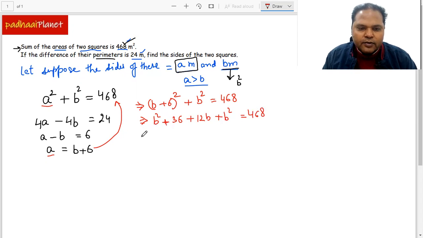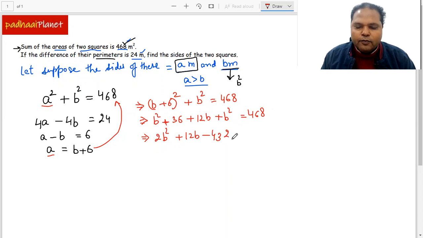Now we simplify: b square plus b square gets added, so that becomes 2b square, plus 12b, and 468 comes to this side as a negative. 468 minus 36 will be 432, and all of it is equal to 0.